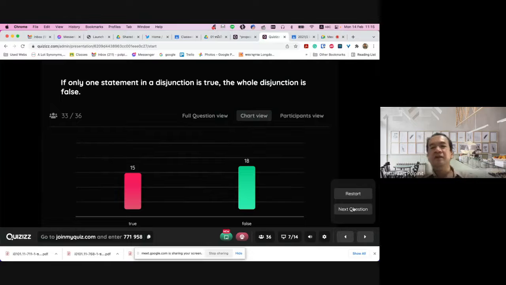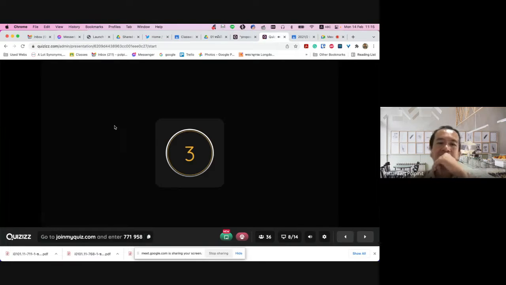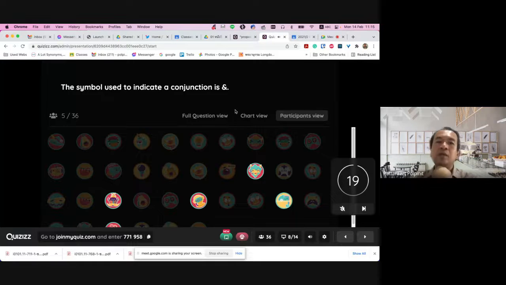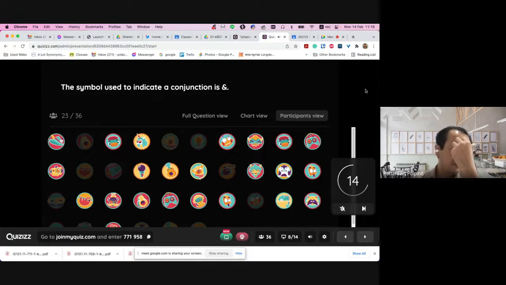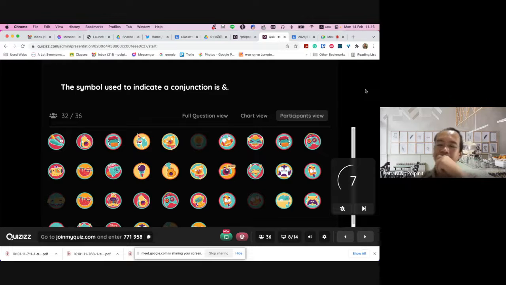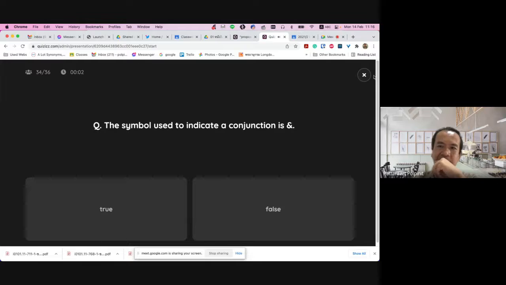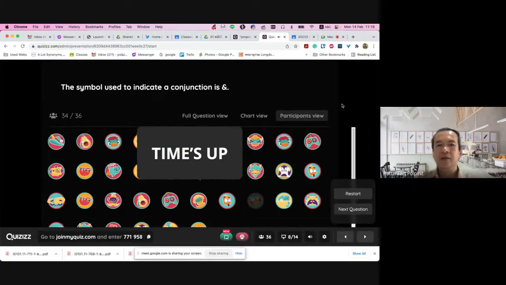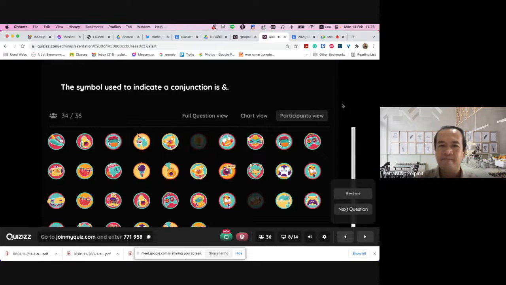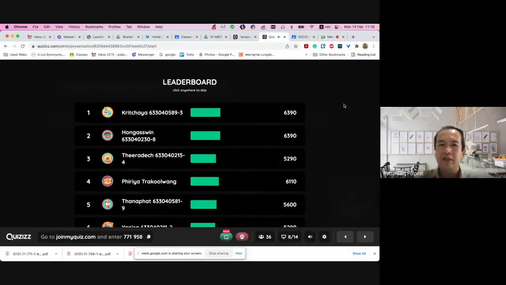Okay, next question. The symbol used to indicate a conjunction is... So let's see the leaderboard.